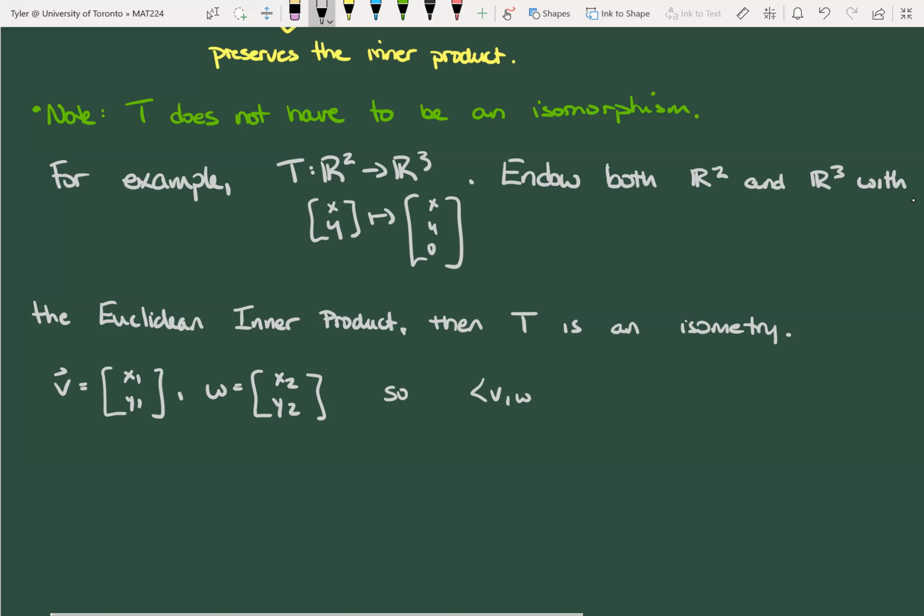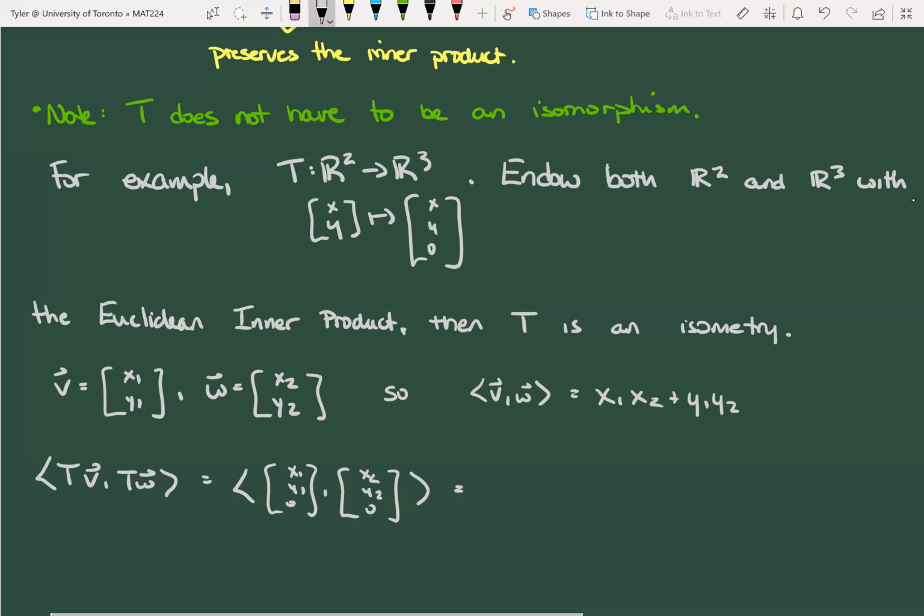Okay, so if we take the inner product of V and W, well, we know what that is, right? x1 x2 plus y1 y2. And then TV and TW, that's going to be (x1, y1, 0) and (x2, y2, 0).